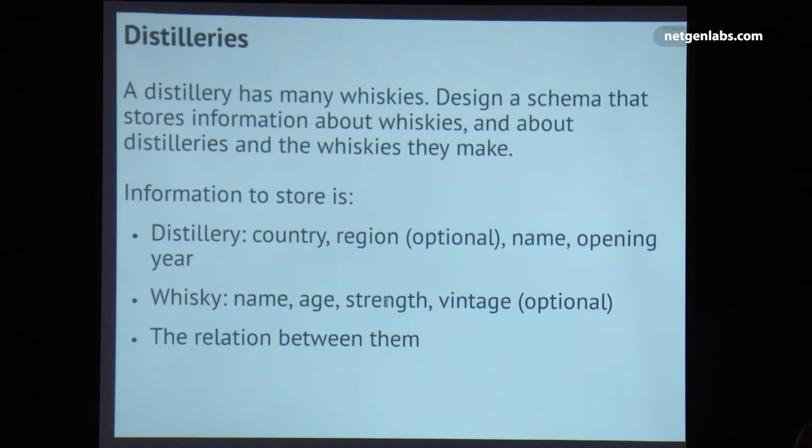If you don't want to think about that, forget about this field. The name of the distillery and the year it opened. For each whiskey, we want to store the name, the age, the strength, and optionally the vintage. Vintage meaning it got distilled in 1999 or something like that. And also we need to be able to store the relation between the distilleries and their whiskeys.